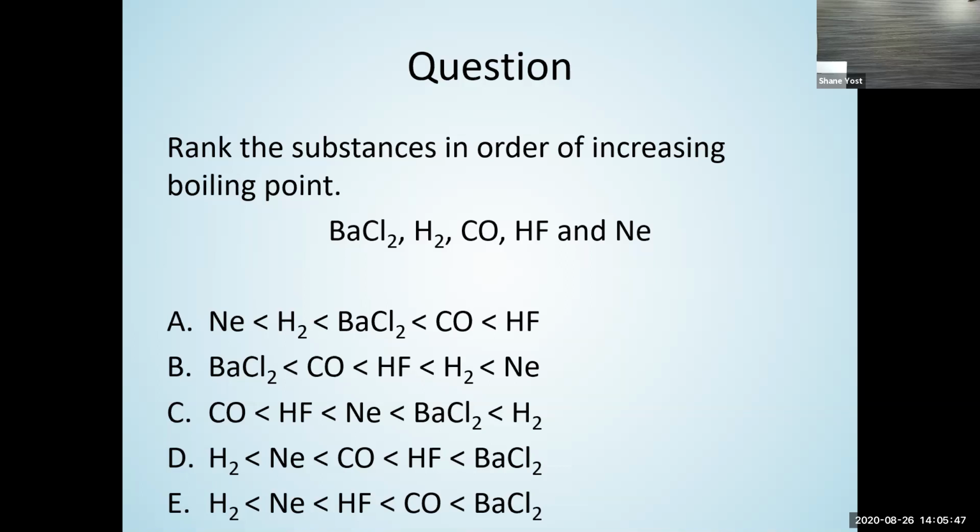All right. So for this example here, we have a bunch of different substances. The first question we ask ourselves is, if I want to have increasing boiling point, I want to think of what has the highest boiling point. That substance is going to have the strongest or the weakest intermolecular force?